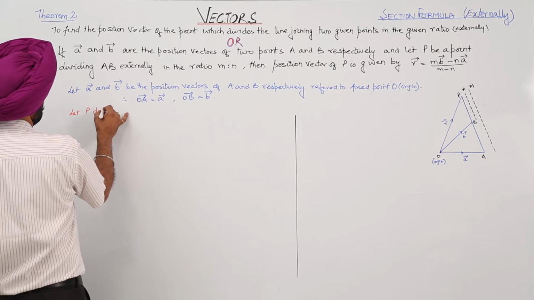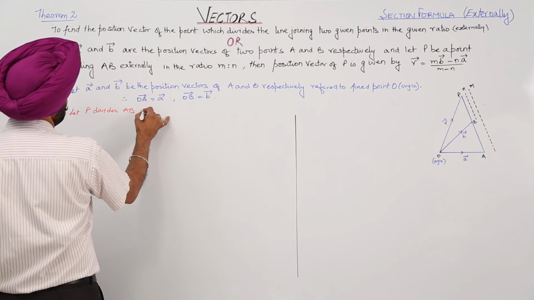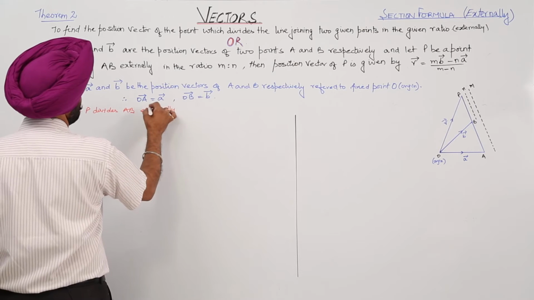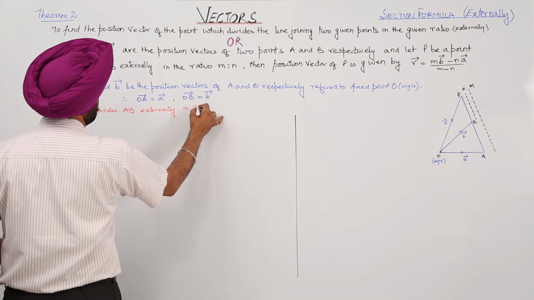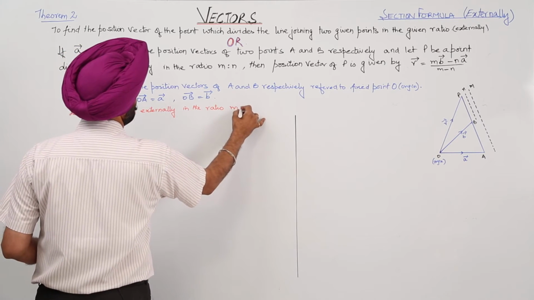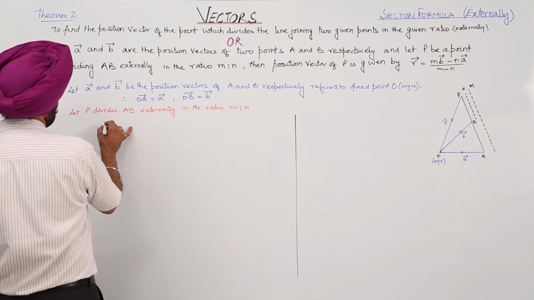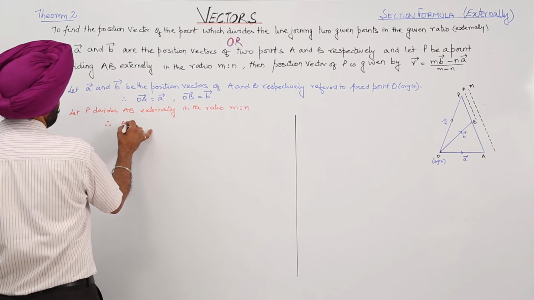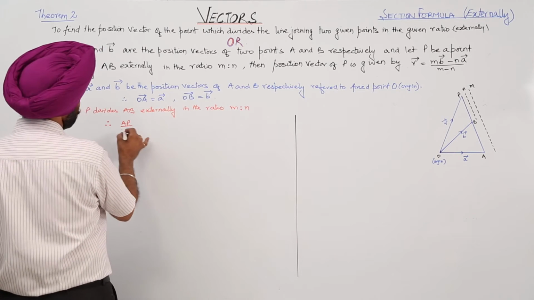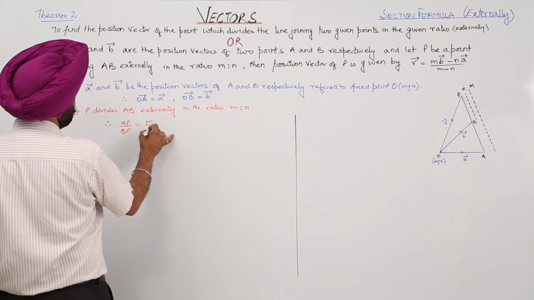Now let P divide AB externally in the ratio m is to n. Therefore AP upon BP is equal to m upon n.